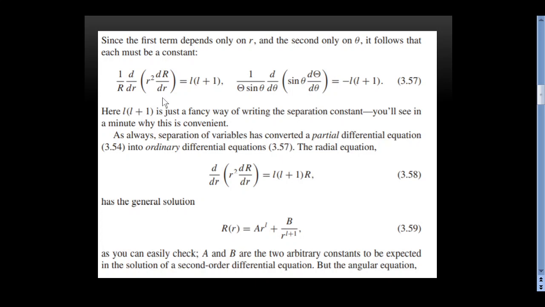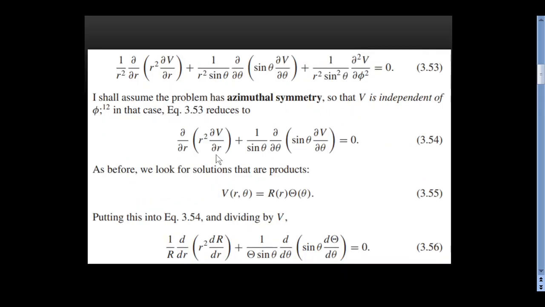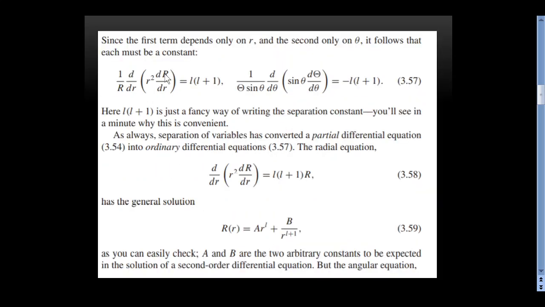So we have seen that the previous equation 3.54 was a partial differential equation because V was depending upon two different coordinates r and theta. This is converted into two different equations. In both the equations, the function is depending upon one variable only, so it is converted from a partial differential equation into two ordinary differential equations.